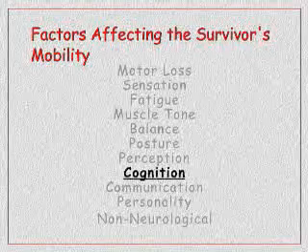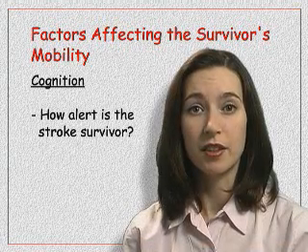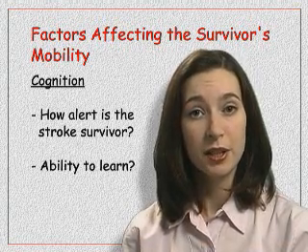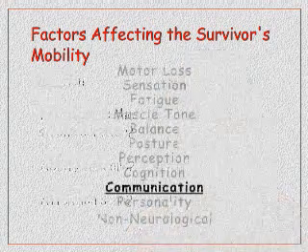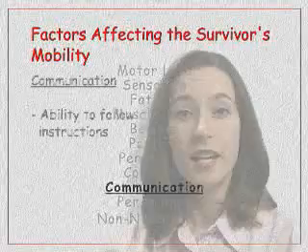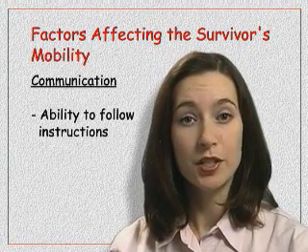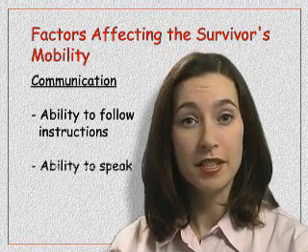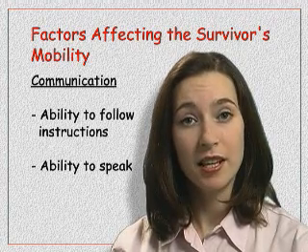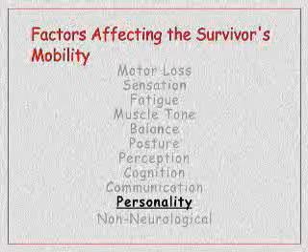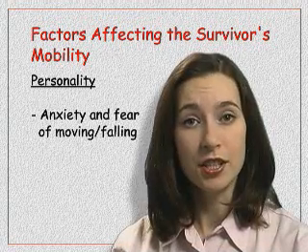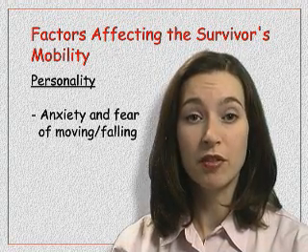Cognition. How alert is the stroke survivor? What is their ability to learn like? What is their attention span? Communication. Is the stroke survivor able to follow instructions? Are they able to speak to you, or do they understand what you are saying to them? Personality. Is the stroke survivor anxious or afraid of moving or falling?